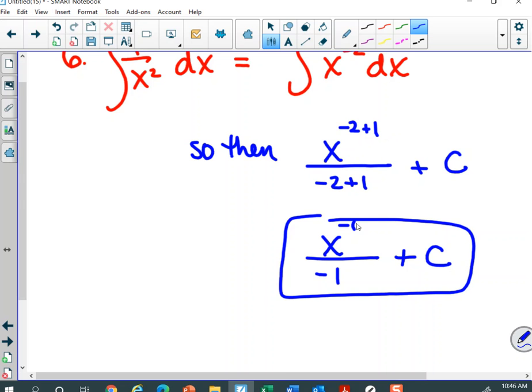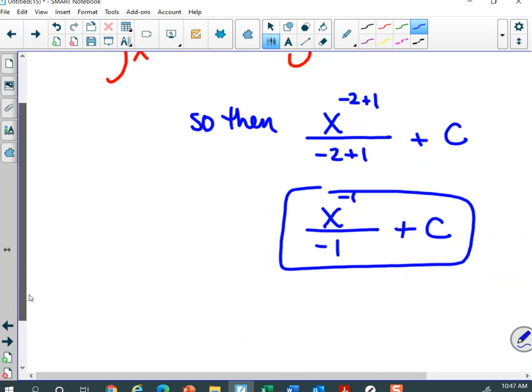Negative 2 plus 1 is negative 1. We got to watch for that when we're doing negatives. It's so tempting. And we do that with our derivatives too. Just because our mind processes, you're like, I'm getting bigger or I'm getting smaller. If I'm getting bigger from negative 2, I'm getting closer to 0.